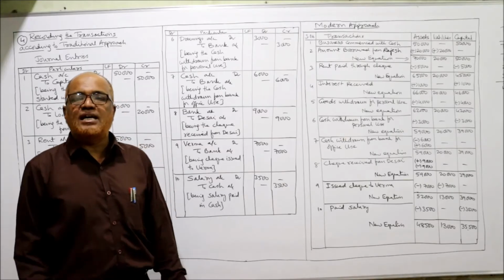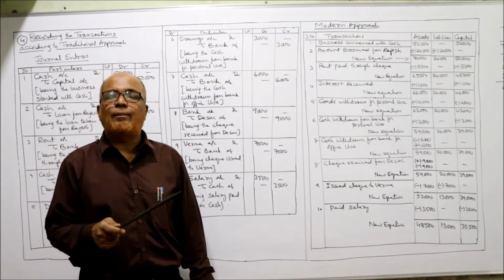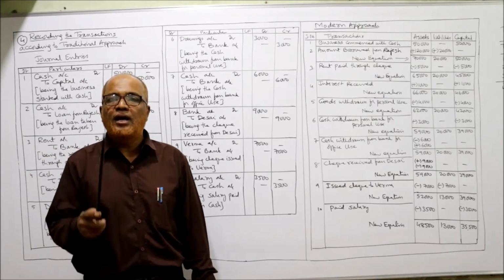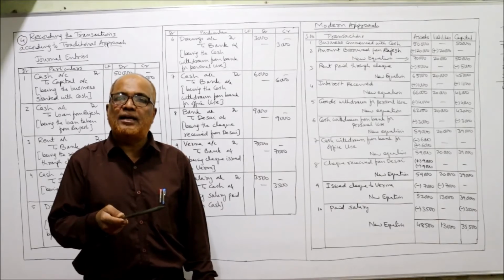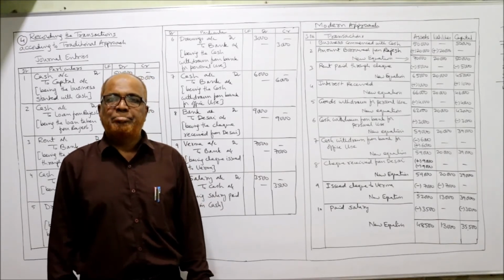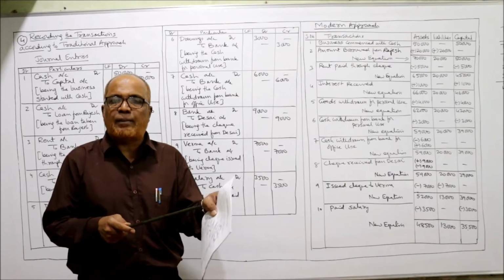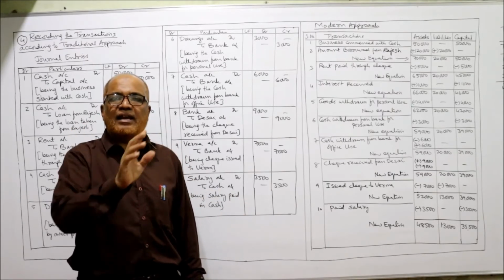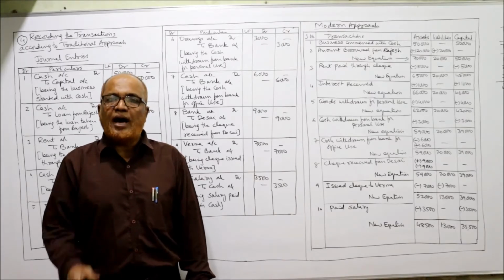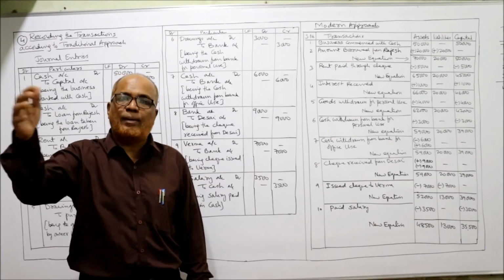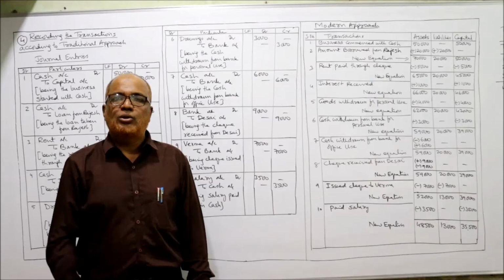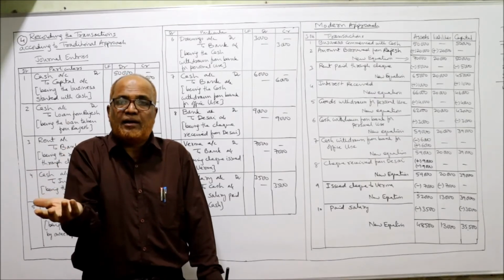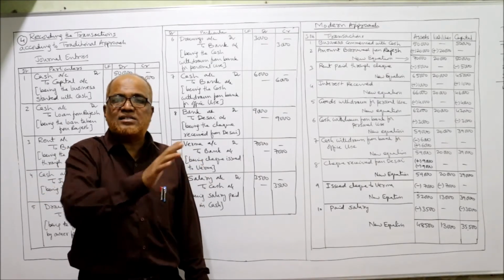The accounting equation says assets is equal to capital plus liabilities, or assets is equal to liabilities plus capital. If you add up liabilities plus capital, it is equal to assets. For example, Mr. X has invested 1 lakh rupees in the business, and apart from that he has taken a loan from bank of 50,000. The loan taken from bank is a liability, and the capital he has invested is 1 lakh.